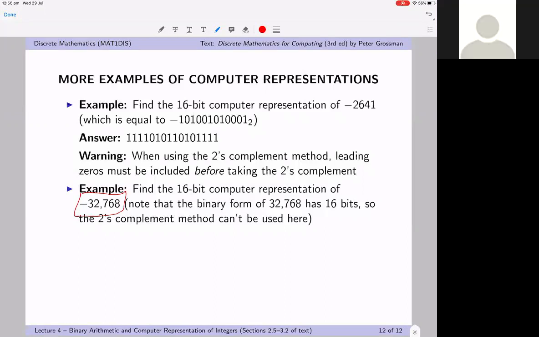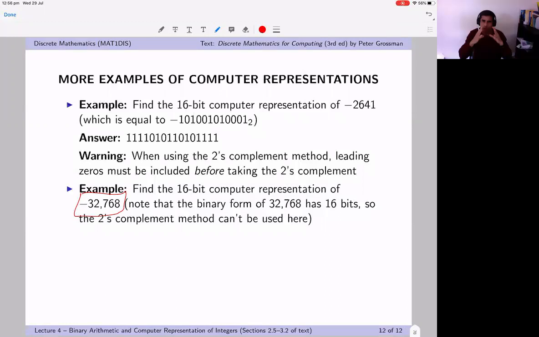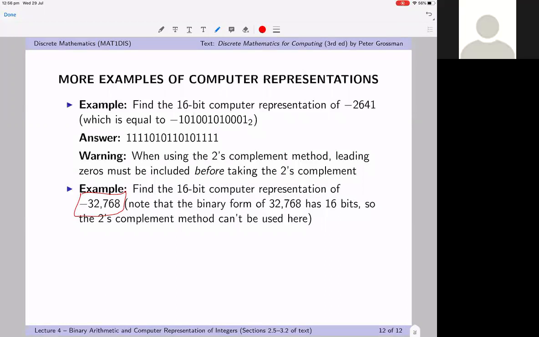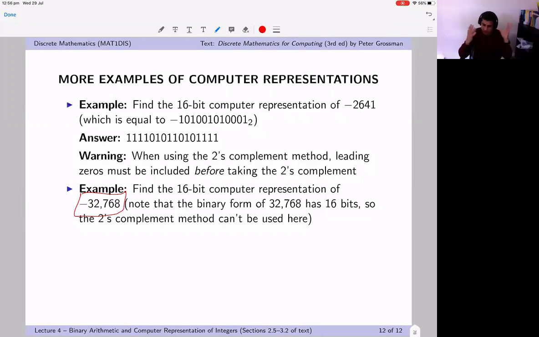You'd start it with a 1. Why would you do that? Because it's negative, and that's how the computer reads it. Yes, exactly. That's precisely the right answer. If you take negative 32,768 and add 32,768 to it, you get 0, right?